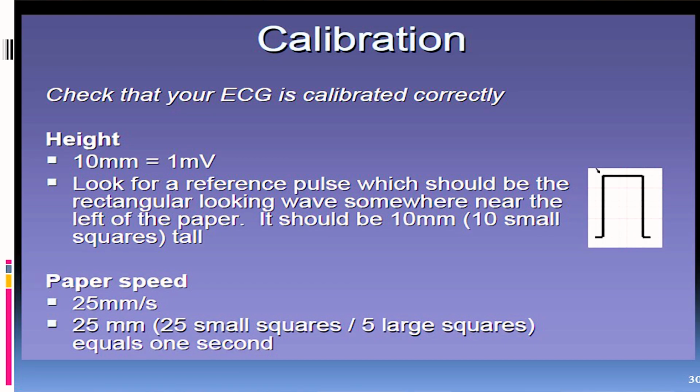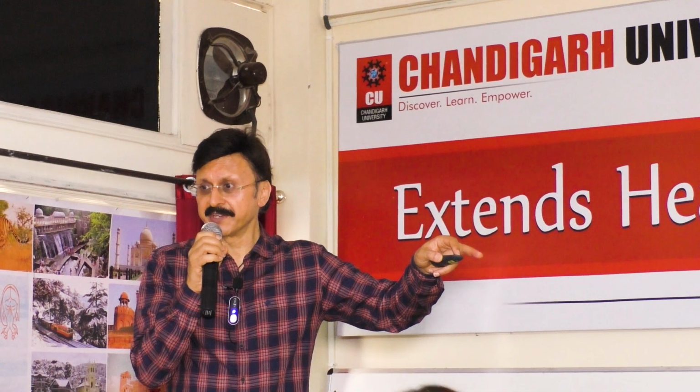First of all, how to calibrate. The height of one square is 5 millimeter, and normally 1 millivolt represents 10 millimeter. There is a method to calibrate. When we press that, for 1 millivolt it should go up by 10 millimeter.